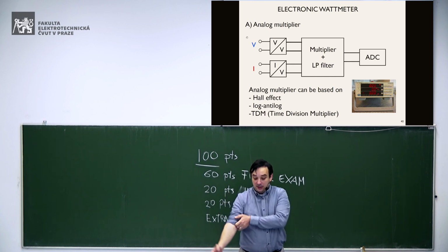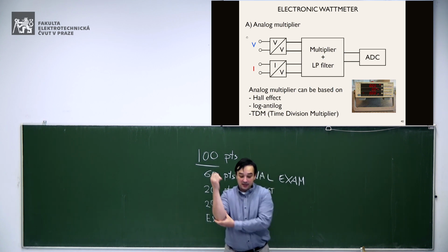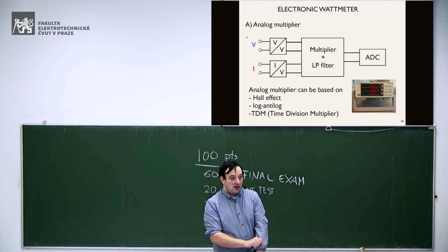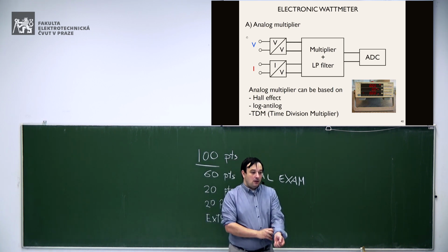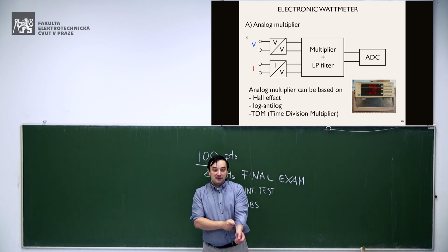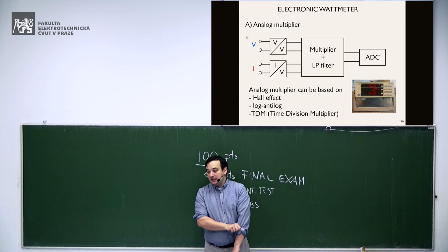We also saw one type of multiplier, which is the digital multiplier. Simply, we digitize both voltage and current, we multiply them, and then we get the power.